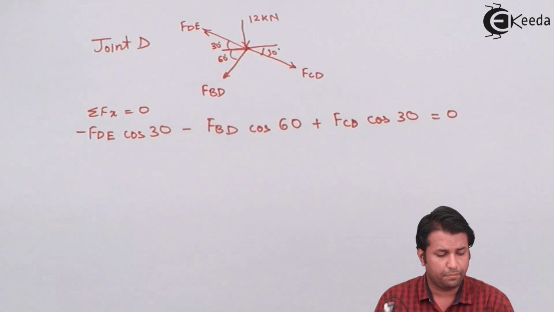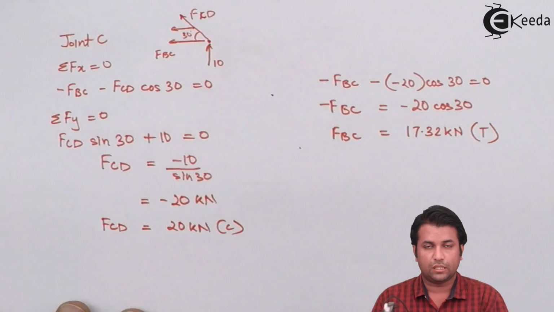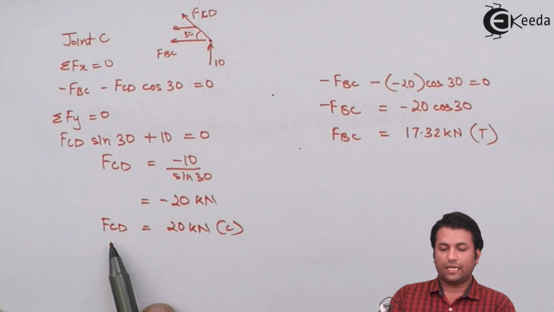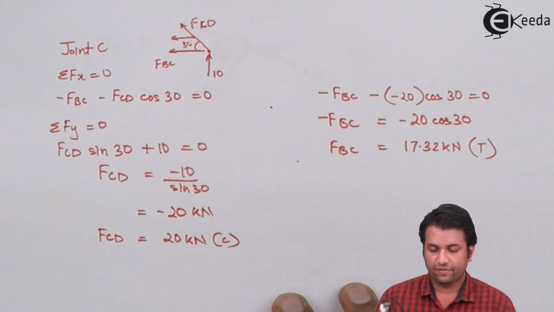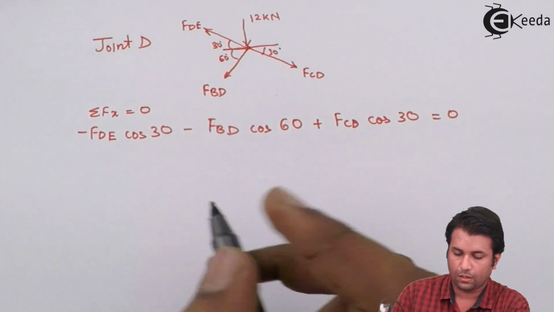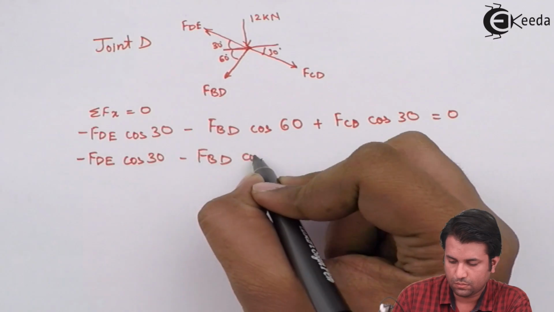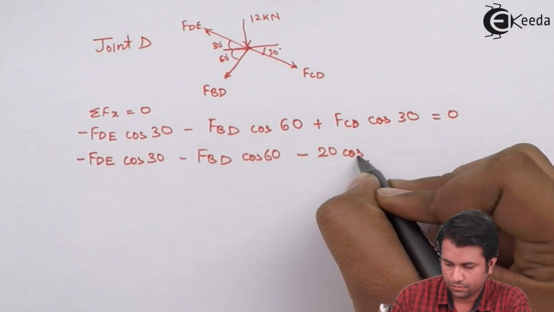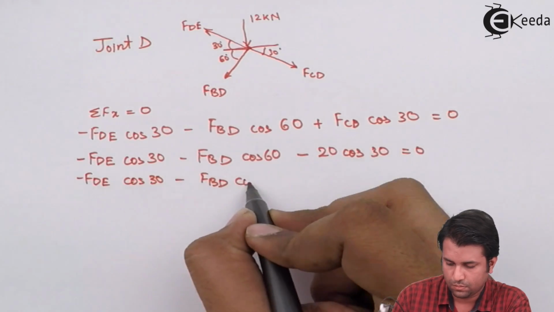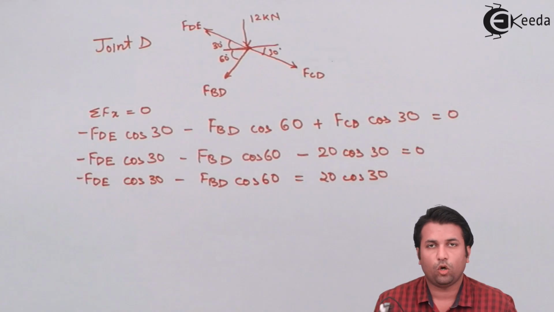I know the force in the member CD, and that happens to be 20 kilonewtons. Now, since I am getting the force as 20 kilonewtons, which is negative, I need to put a negative sign here. So I have prepared the equation in the horizontal direction.